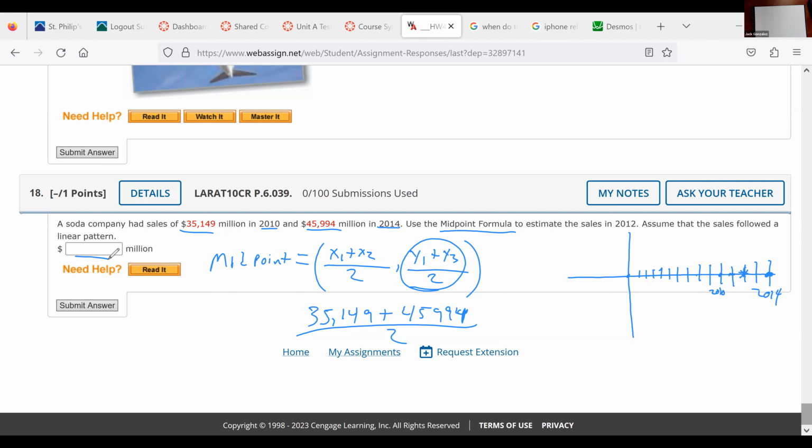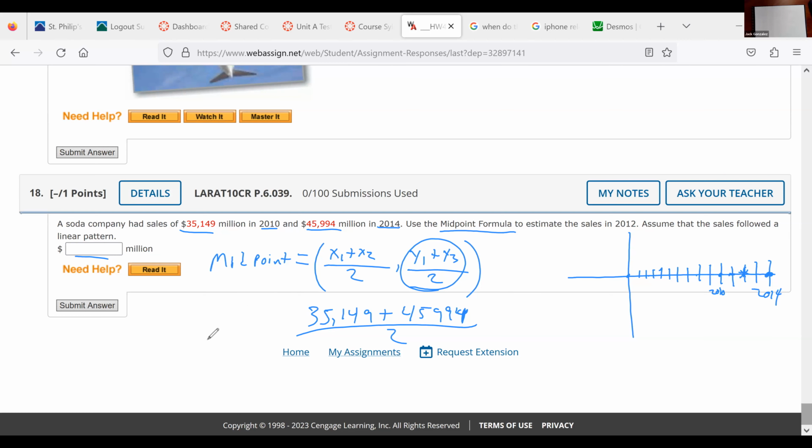Any questions on the last question or last problem on 18? What is it? Number 18? Anyone know what that amount is? Because I don't. Yeah.